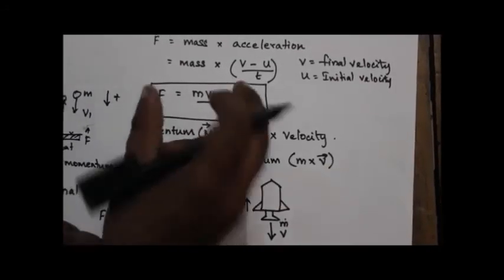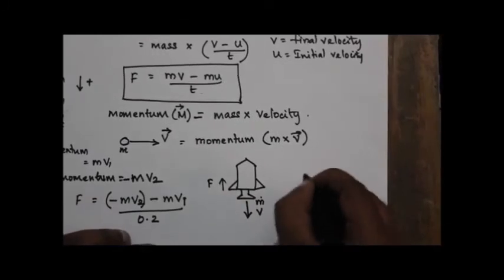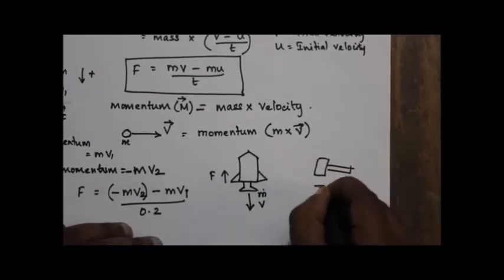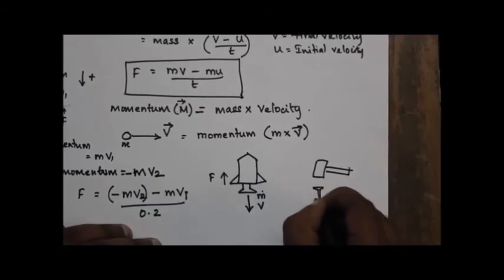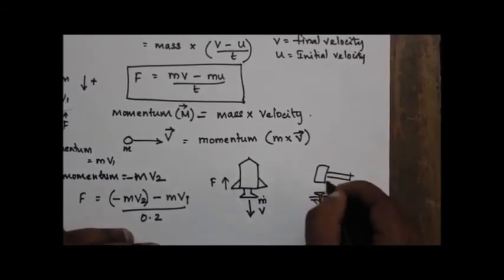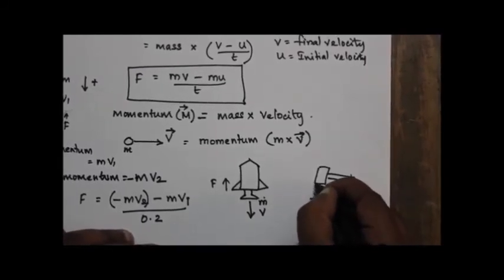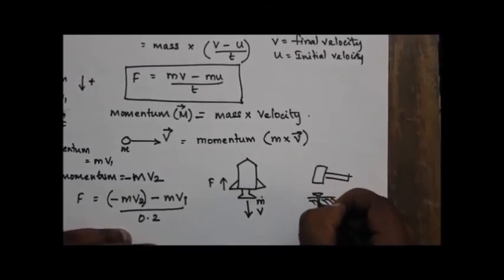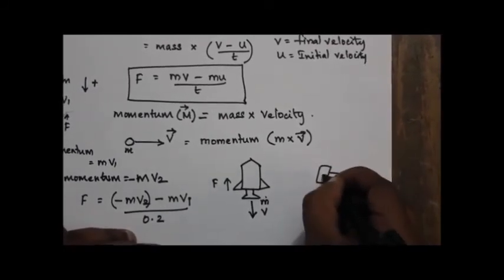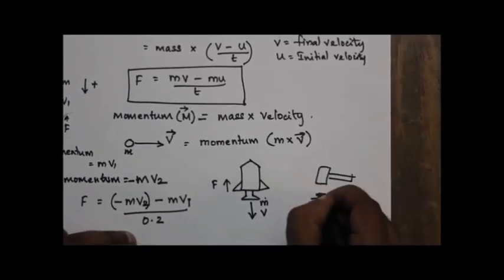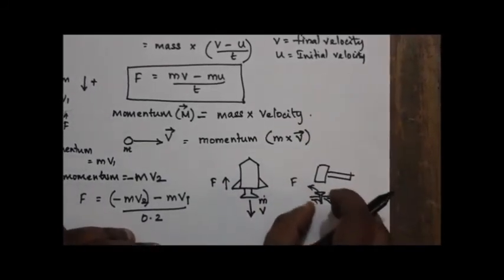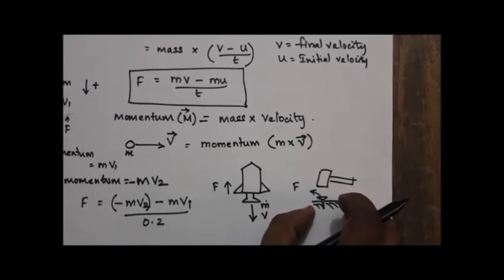And the same law is also applicable if there is a hammer and a nail, and the nail is to be struck into wood. Knowing the time of contact of the hammer over the nail and the initial and final momentum of the hammer, we can estimate what force would have acted on the nail to drive it into the wooden board.